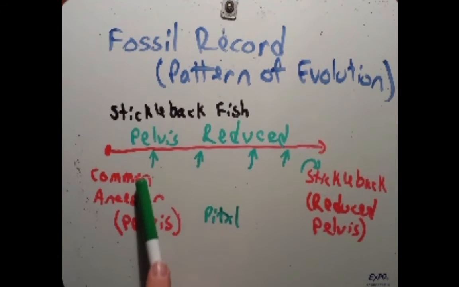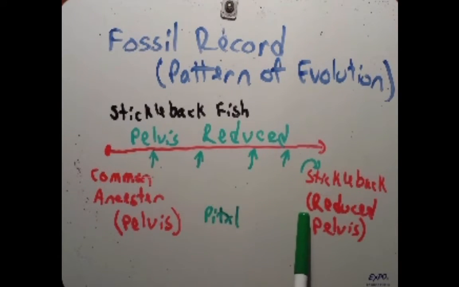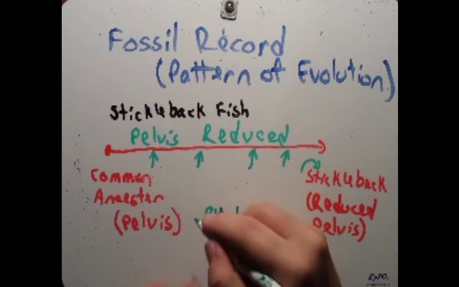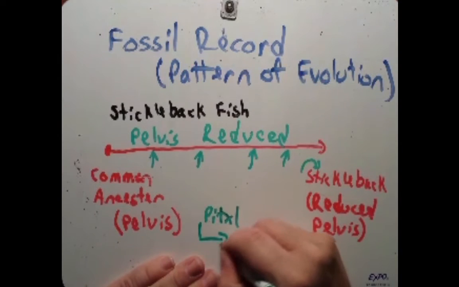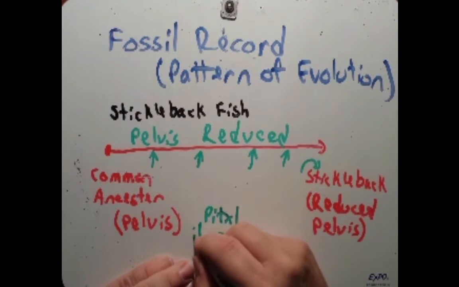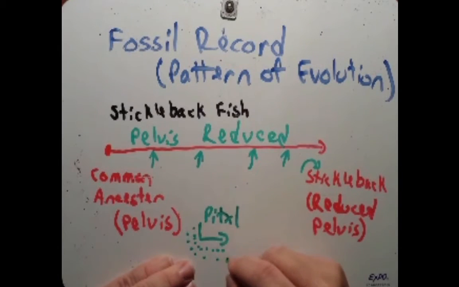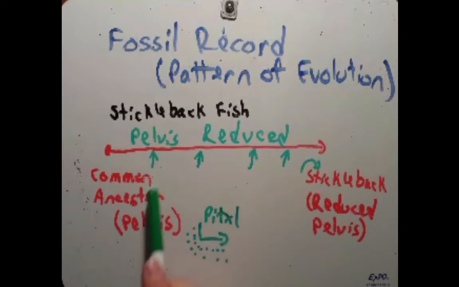We know that over time in the ancestors that would then become the stickleback fish, the expression of this gene goes from this to lower, and then finally to non-existence. The expression of this gene in the stickleback fish has been greatly reduced over time. Without a functional PITX1 gene, you cannot form the pelvis.